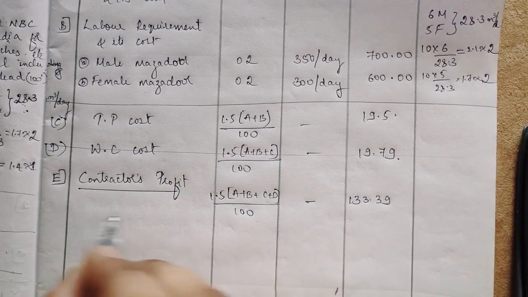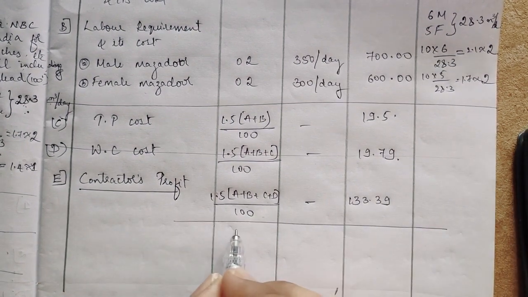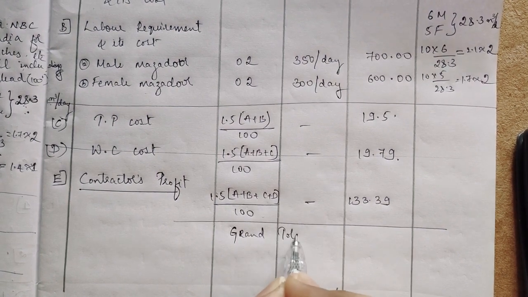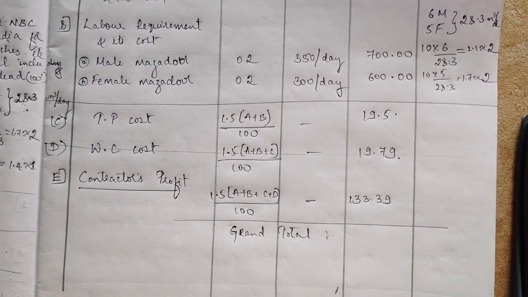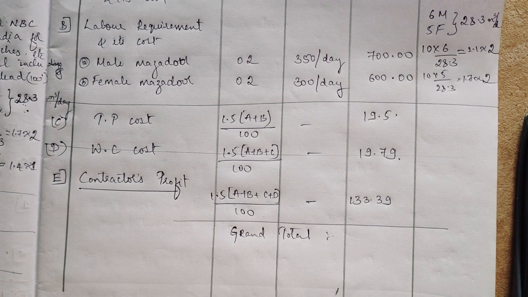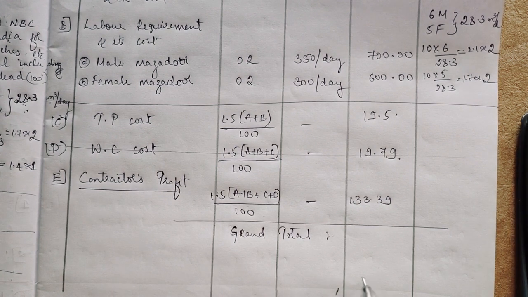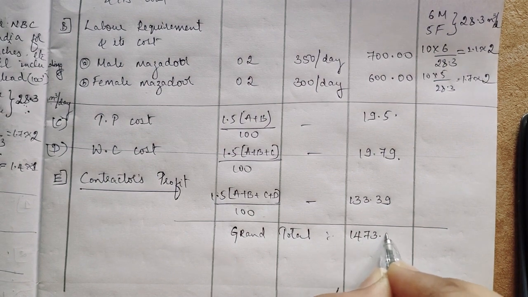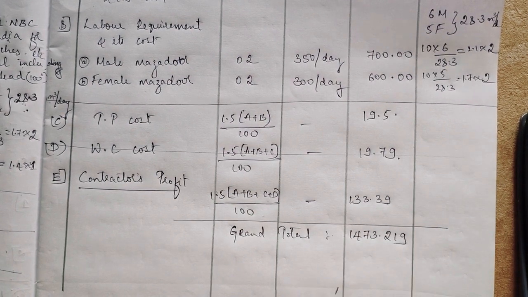So now I will add, so grand total, I'll add all this: 19.79, 19.5, it is 1473.219. Wait, I'll recheck.